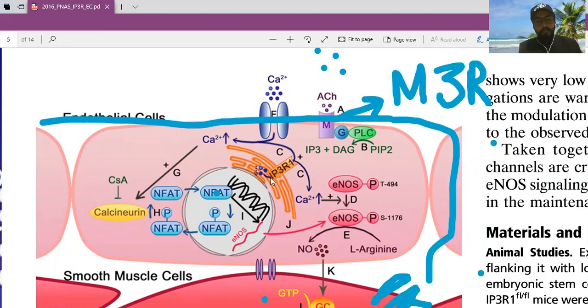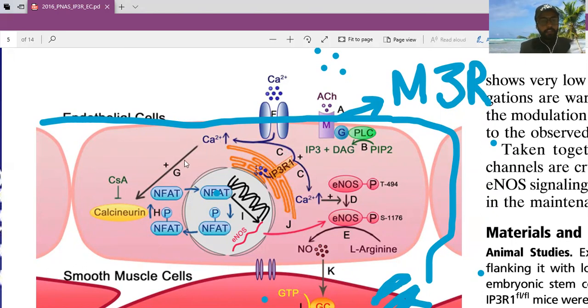So when IP3 activates its receptor, which is also known as the ryanodine receptor, the calcium level rises in the endothelium of the blood vessel. So this is the calcium and this is also the calcium.